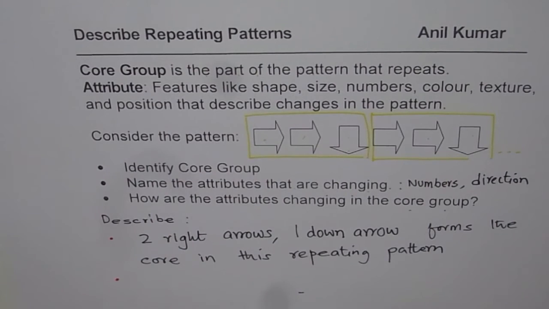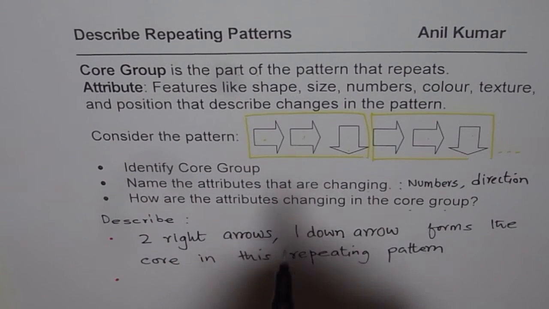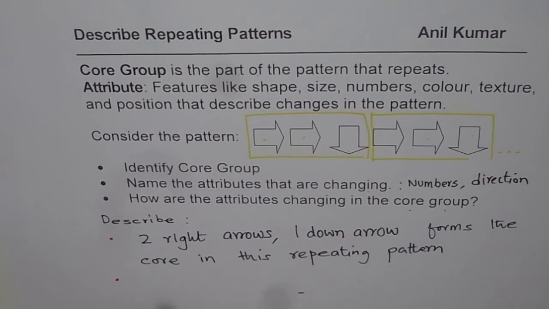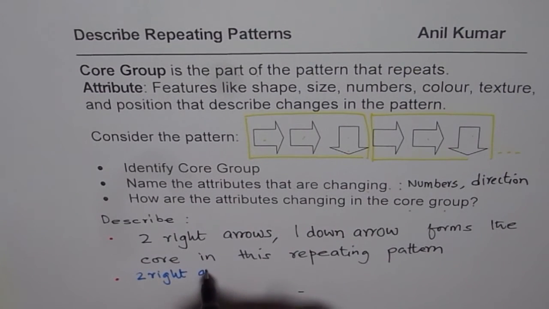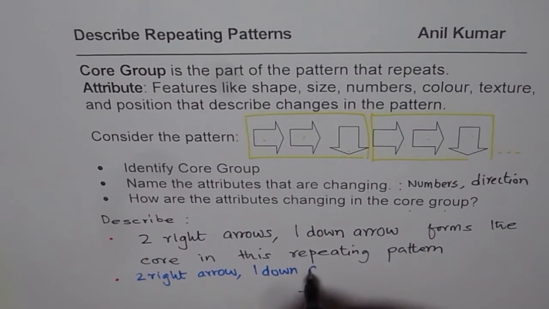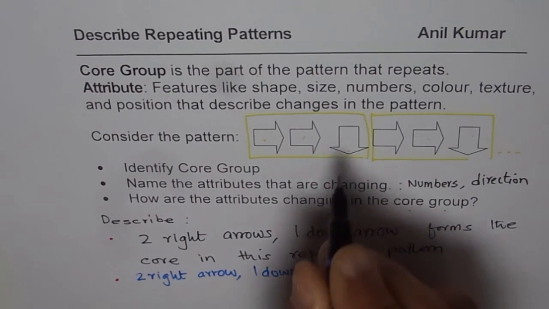You could describe the pattern as we had been doing it earlier. That is to say, you could also say, without using the word core group, two to right arrow. Arrow word is not very important here. To write one down, you can say one down arrow, but it helps to describe the shape.